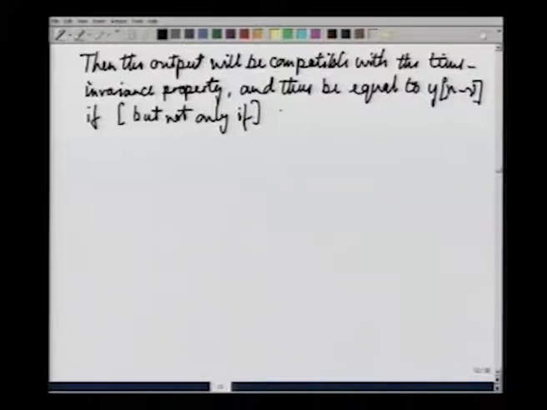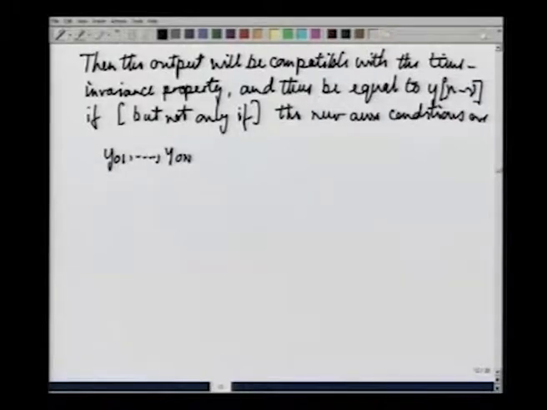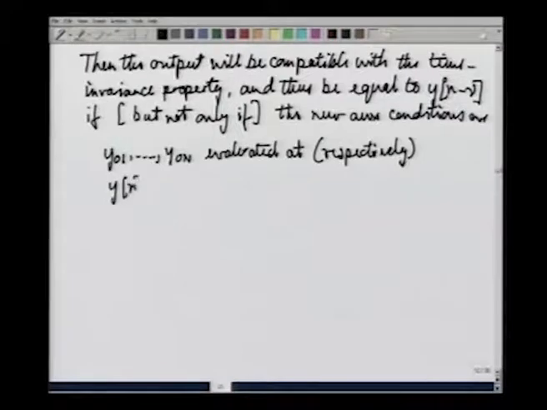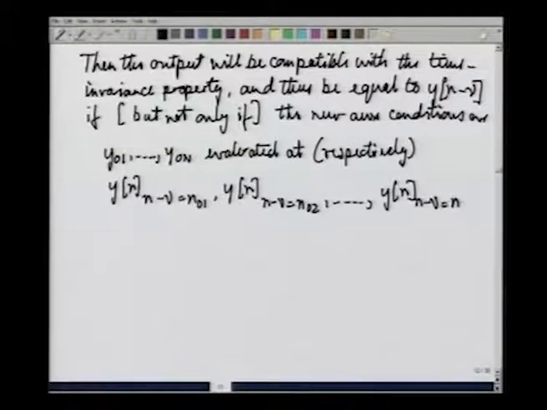If the new auxiliary conditions are y01 onto y0n evaluated at respectively y n at n minus nu equal to n01, y n at n minus nu equal to n02 and so on to y n at n minus nu equal to n0 n.